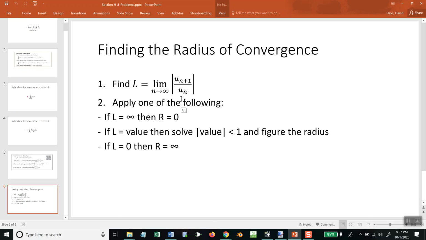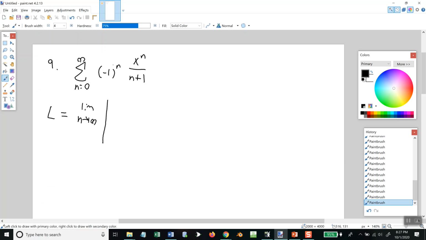Well, same principle here. So if I plug in n plus 1, I'm going to have negative 1 to the n plus 1, x to the n plus 1 over n plus 1 plus 1, over, and then this is just my negative 1 to the n, x to the n over n plus 1.